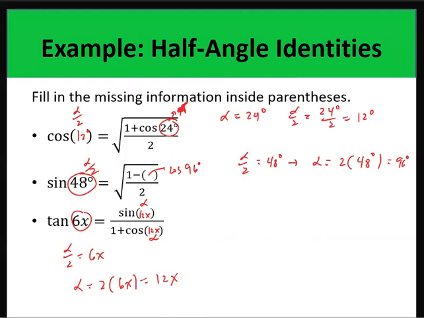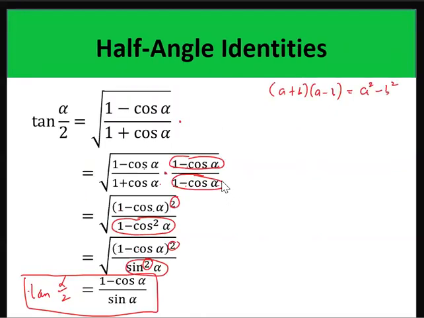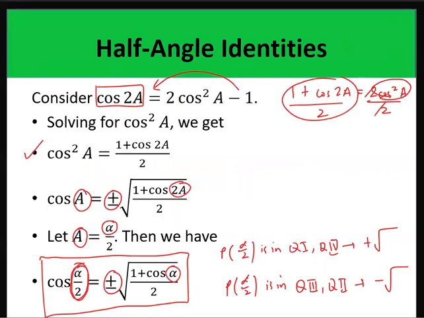Now to verify some of the identities, let's go back to our slides here. Let's suppose that we're looking for the value of cosine of, let's say, 5 pi over 12.